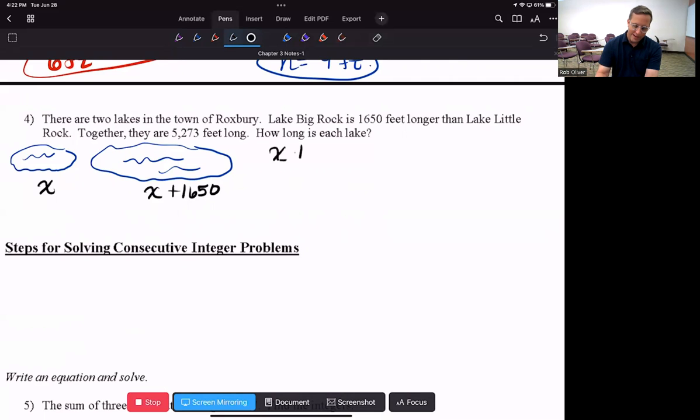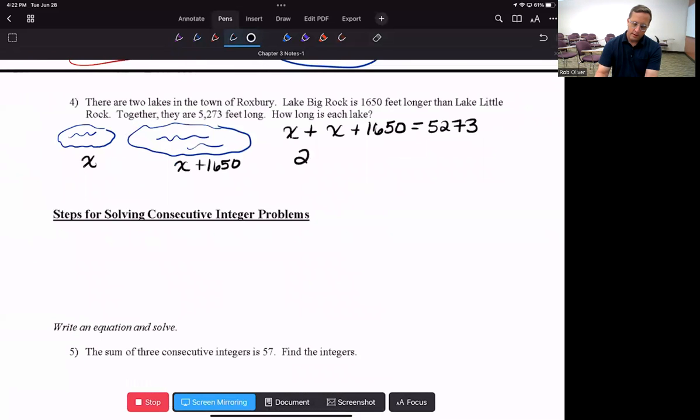And let's put it together. So our equation is going to look something like this. And now I'm just going to solve it.